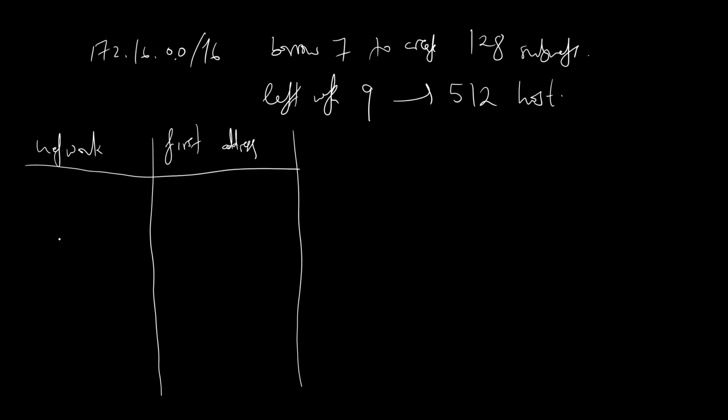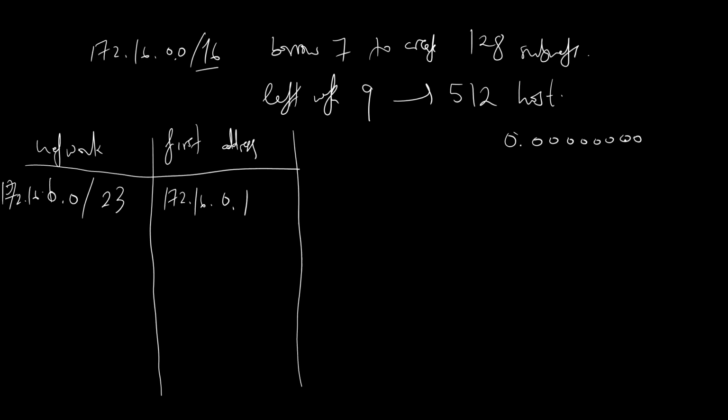The first network that we are going to have is 172.16.0.0. Instead of /16, it's now a /23. That's the first network. The first address is 172.16.0.1, because the host side has 9 bits.